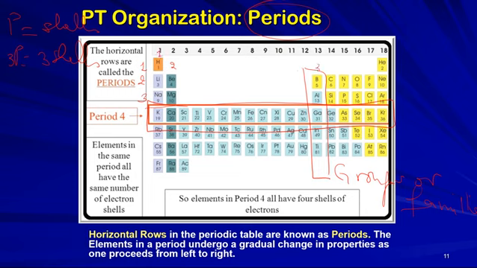Group number 3, we have 3 electrons, 4 electrons, 5 electrons, and so on. So the number of electrons in the last shell determines the group to which an element belongs. So the vertical columns are called groups, and they are determined by the number of electrons in the last shell. And the horizontal rows are called periods, and the periods are determined by the number of energy levels present in a given element.